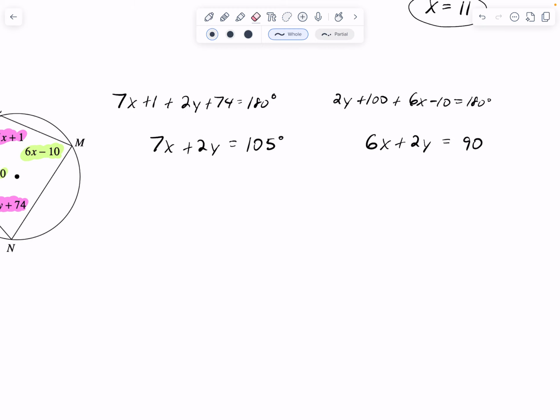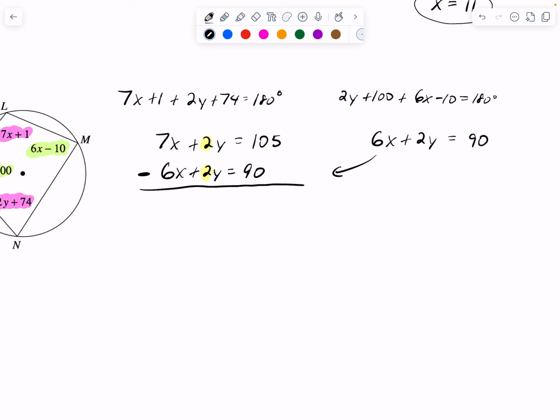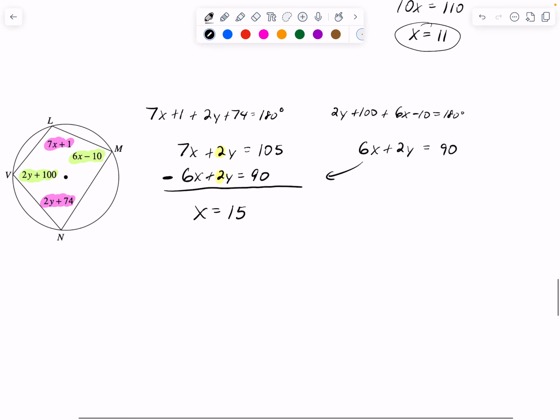All right, so now, like I did in the last one, I'm going to take this one on the right and move it underneath the one on the left. This is a system. It worked out well that my coefficients in front of y are the same. So I'm going to use subtraction to eliminate that variable. So this is going to be x equals 105 minus 90, which is 15. All right, plug into one of your equations. You've got options here.